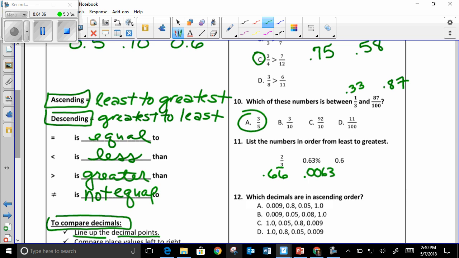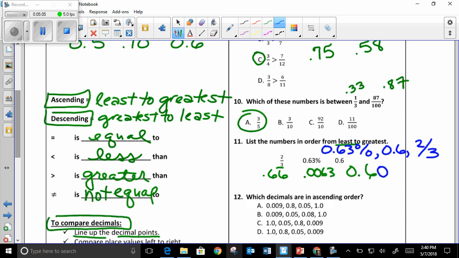And then 0.6. So when you put them in order from least to greatest, obviously, this one is first. So 0.63%. Then you have 0.66 and then 0.60, which is kind of like 60 cents. So then it would have to be 0.6 and then 2/3.